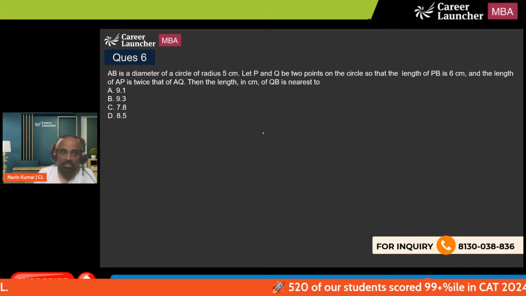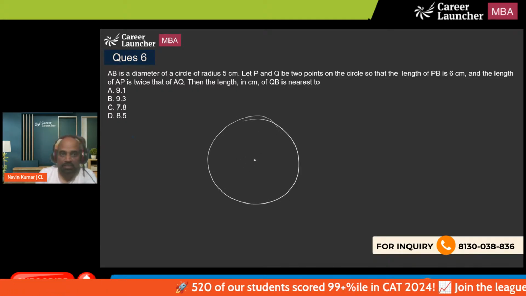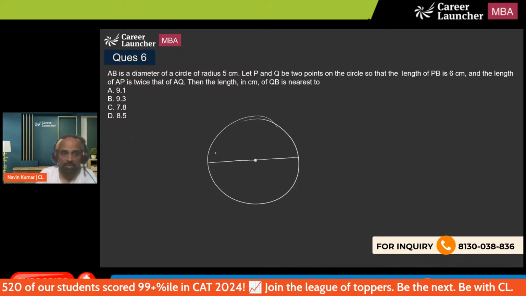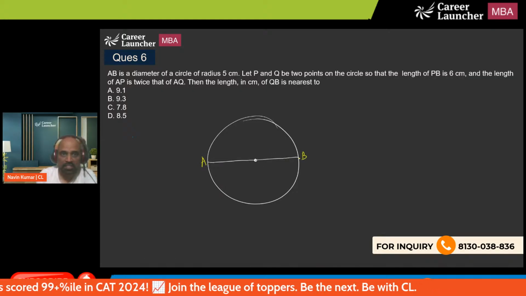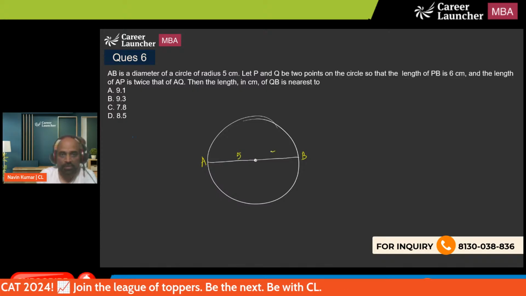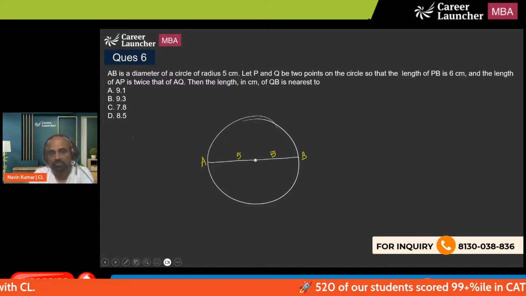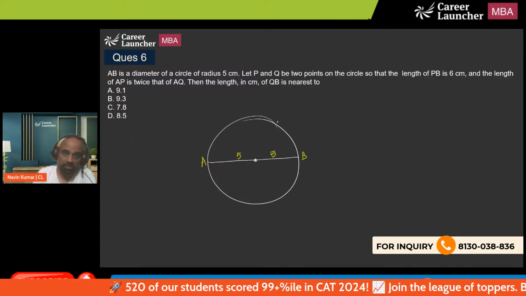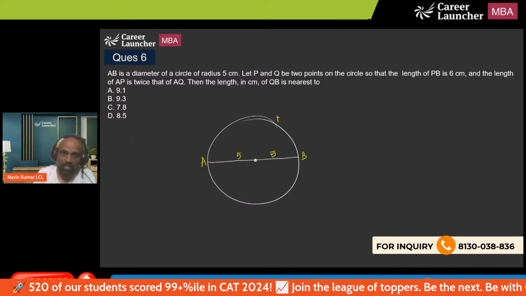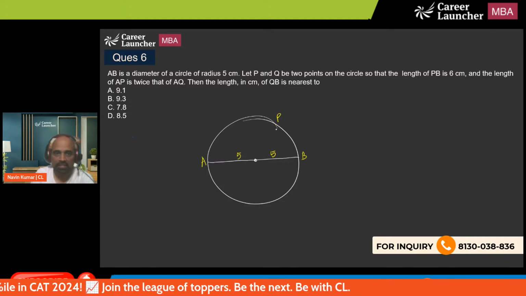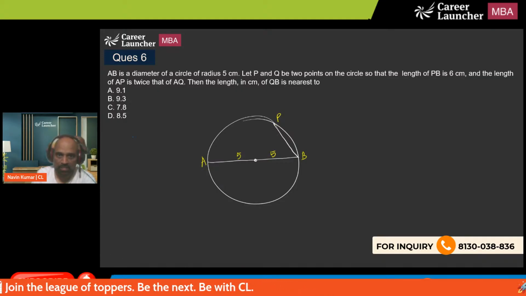AB is the diameter of a circle of radius 5 centimeter. So AB is basically the length, which is 10. So radius is 5. P and Q are 2 points on the circle such that length of PB is 6. Okay. So we need to have a P such that its length is going to be 6.